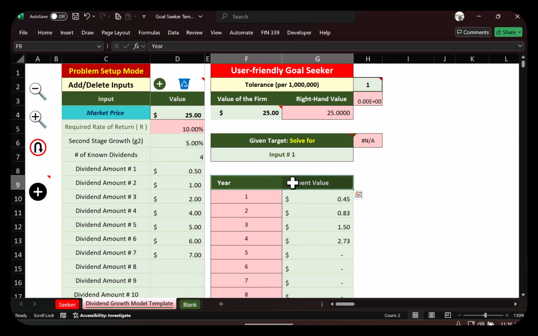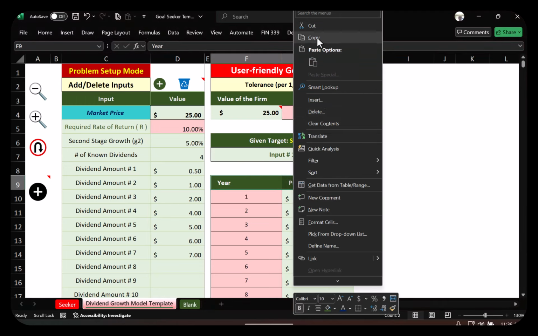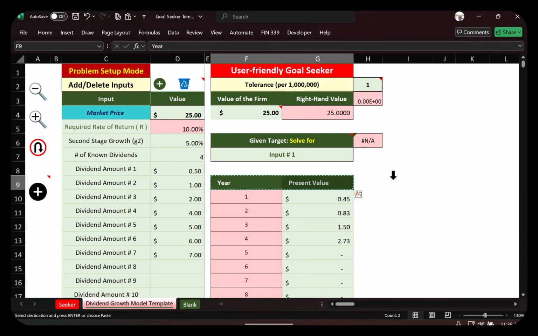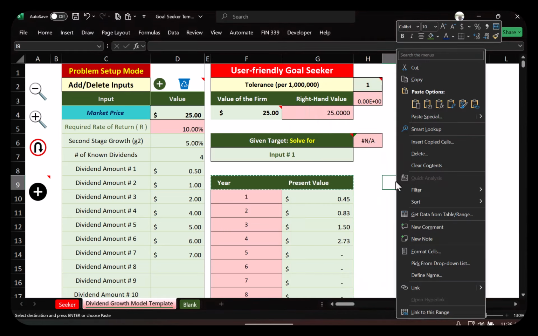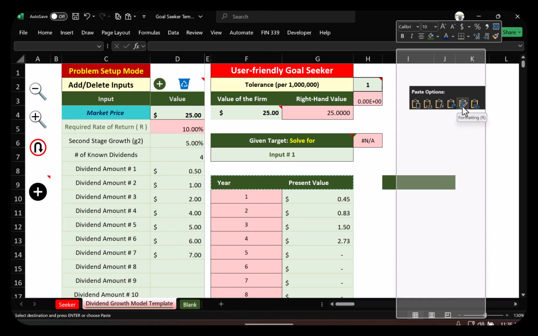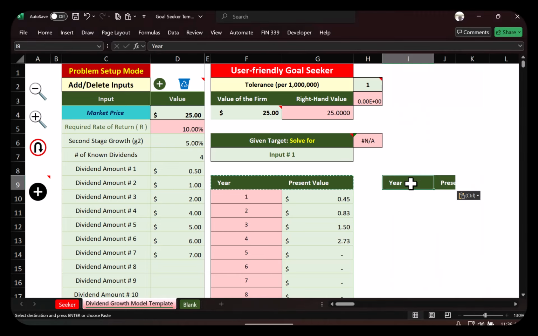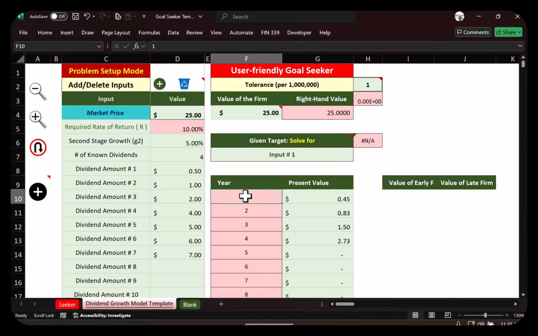So let's copy this. And I want these things to live here. Paste. And value of early firm. I want them to have these colors.